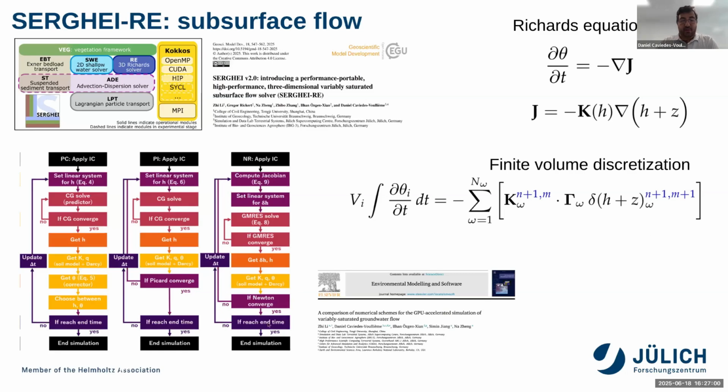So this is the right workflow here, this NR workflow, which at the core, as I said, has some kind of linear solver. We actually prefer to use in SERGHEI this so-called PC, or predictor corrector scheme, that you have on the left. So if you look fundamentally at the loops in these schemes, what you see is that the PC scheme has one nice advantage, that it only inverts the matrix once.